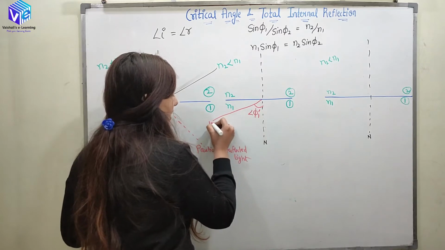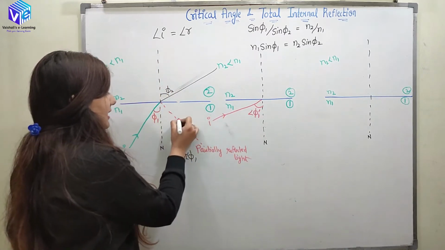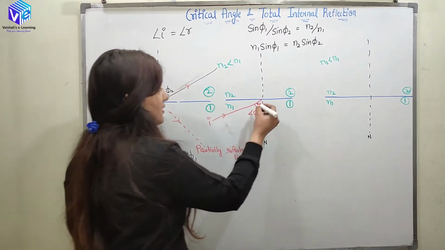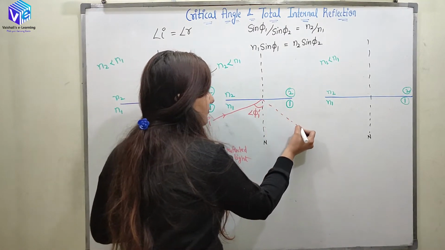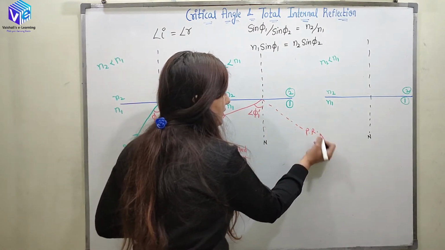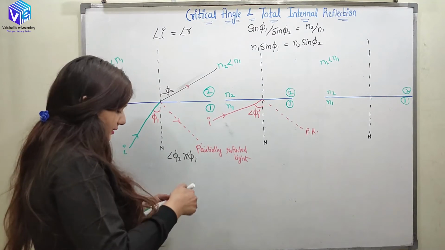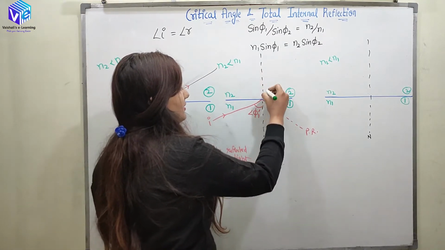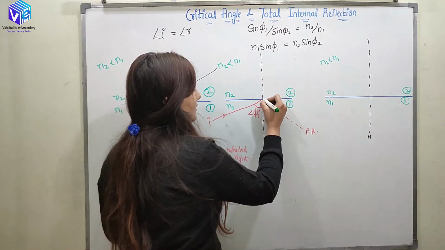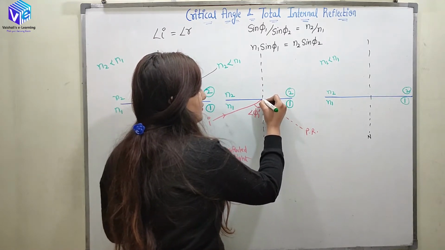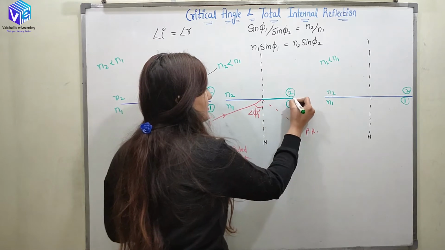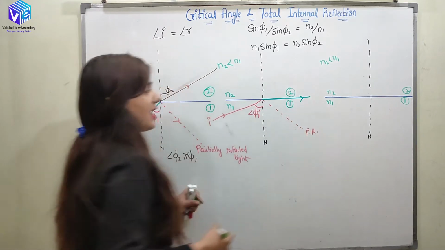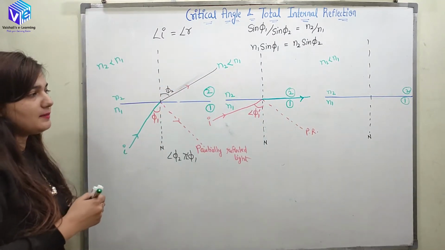So here I have this as my incident light. Again, some of the light will get partially reflected, which I am denoting with PR, and now I am taking the angle in such a manner that the refracted light is moving along the interface of the materials.